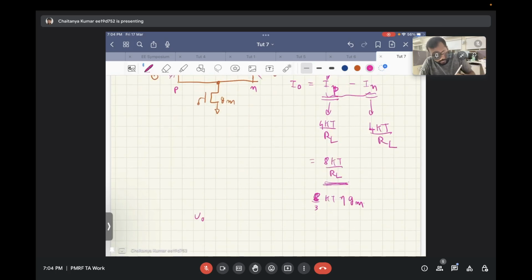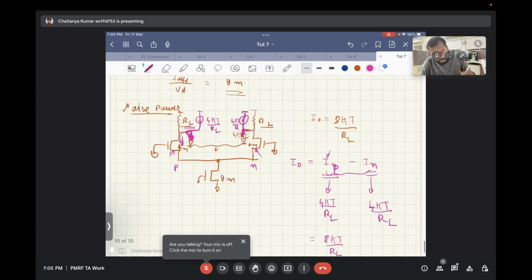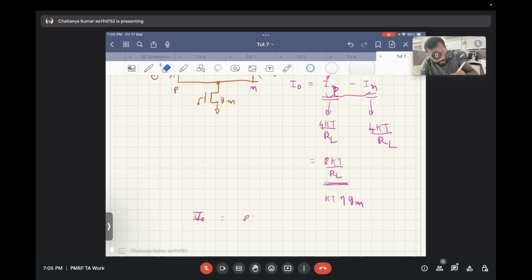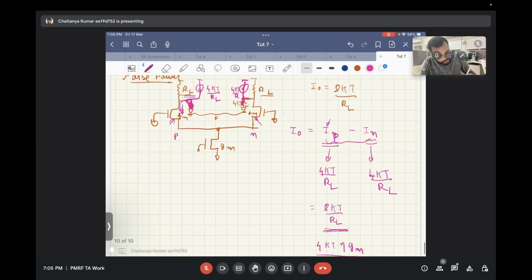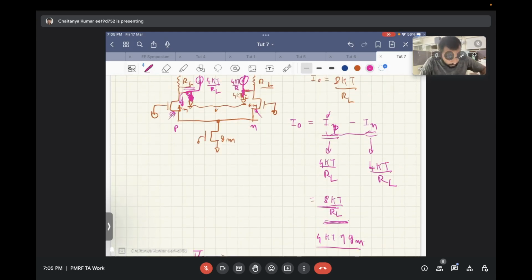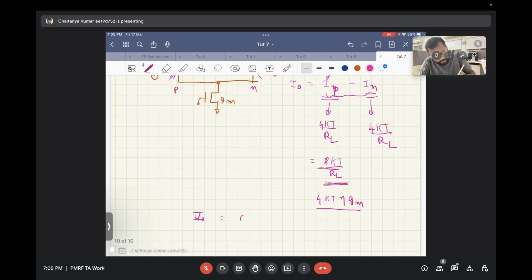So overall output noise current, since we are finding the short circuit current, will be 4kT eta times gm, and since this became double, 4kT by RL and 4kT by RL, the noise from these input transistors will also become double.